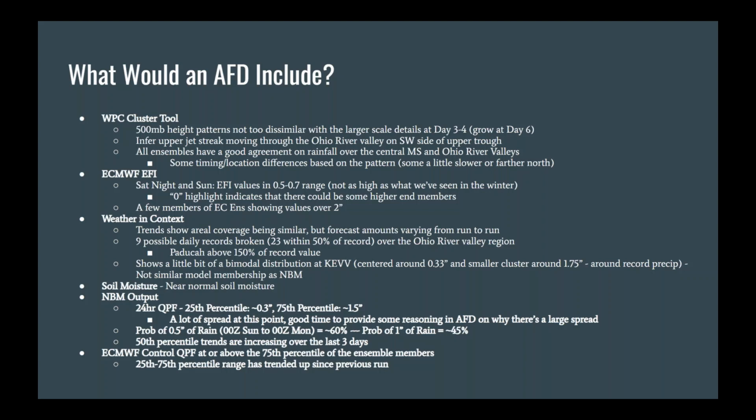One key thing that I thought was interesting, like Andy pointed out, is where that ECMWF control QPF was located with respect to the rest of the ensemble members. That's one thing I look at a lot, especially in the winter time, trying to get a handle on snowfall amounts and that type of thing.